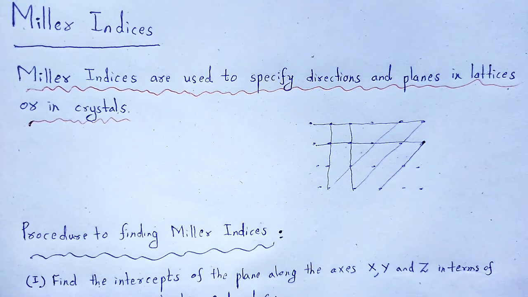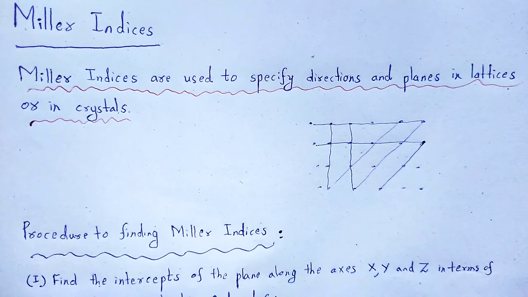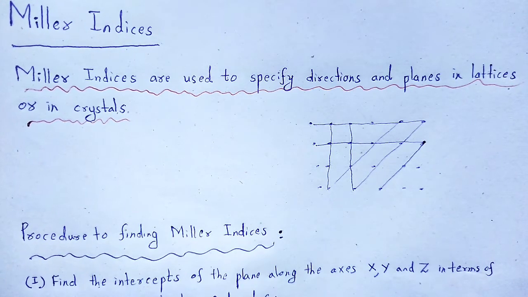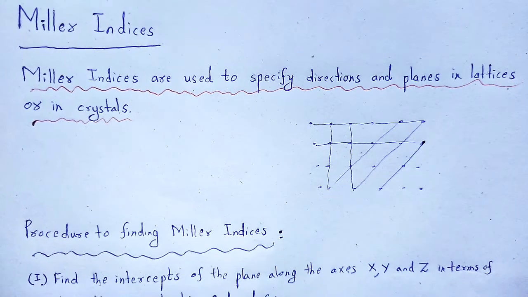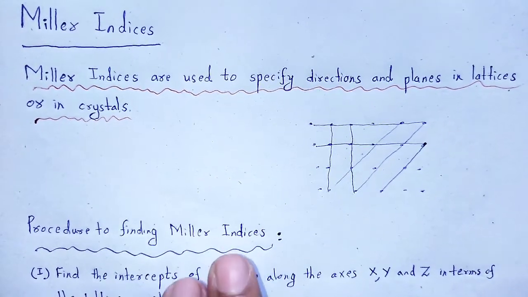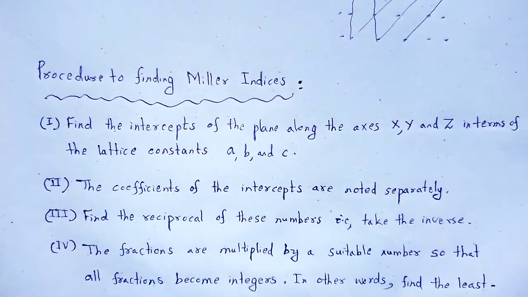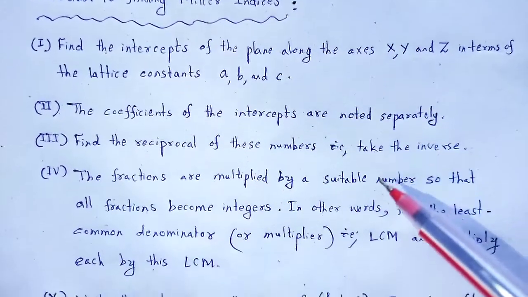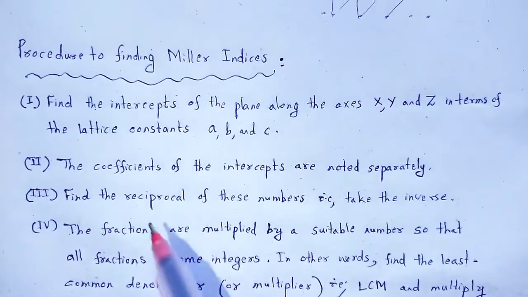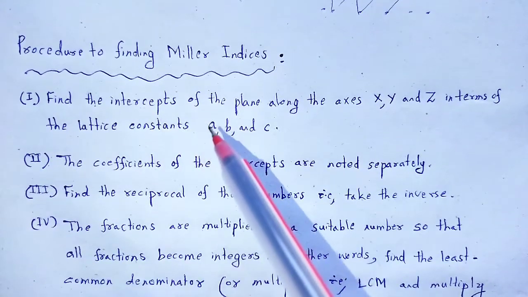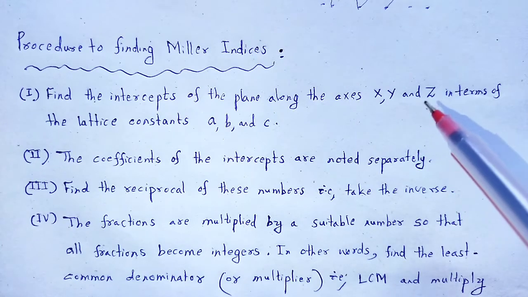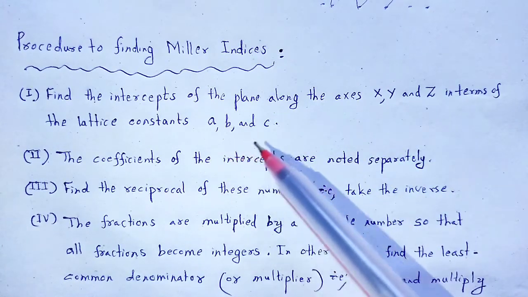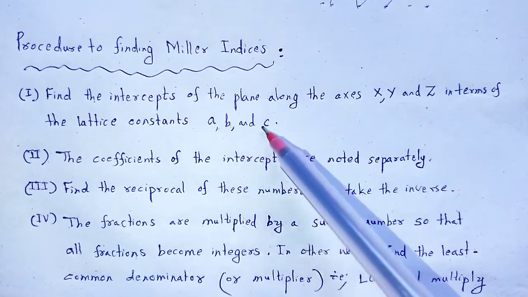So, how do we find the Miller indices? What will be the procedure for finding the Miller indices? We write some procedures here. First of all, find the intercepts of the plane along the axes x, y and z in terms of the lattice constants a, b, c.